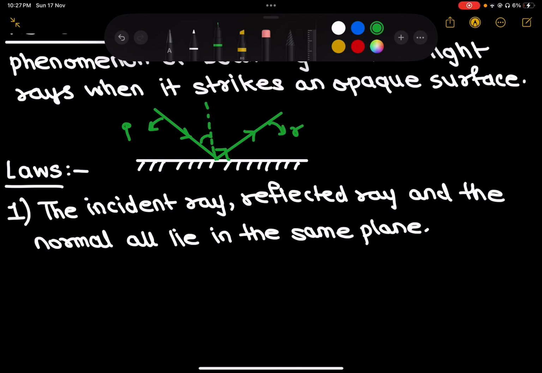This angle is the incident angle. This angle is the angle of reflection, or the reflected angle. And this line is known as the normal. I'm not writing it in full, just understand. It's a recap. It basically means that the incident ray, reflected ray, and normal lie in one plane.